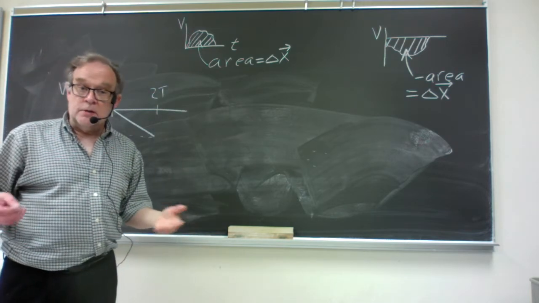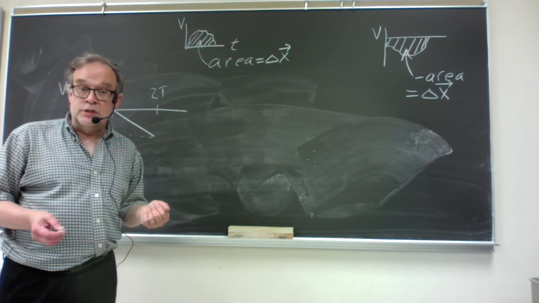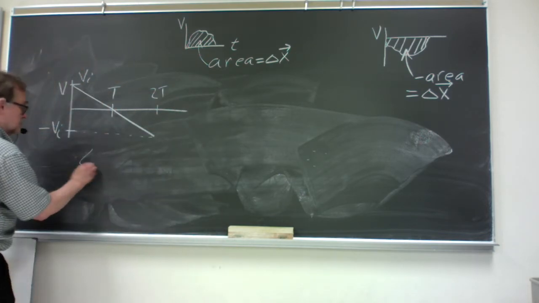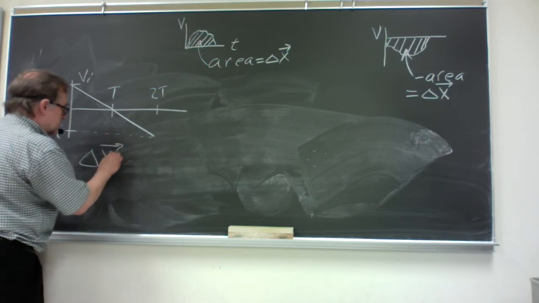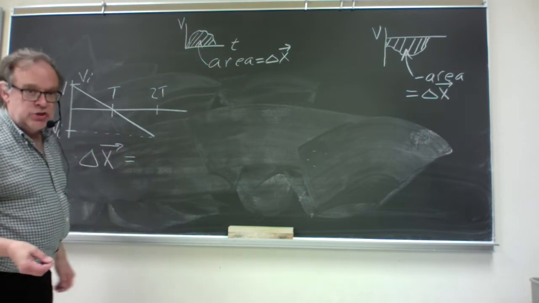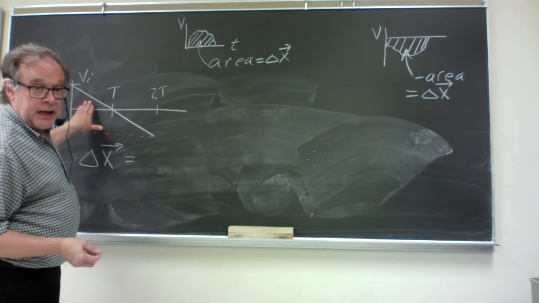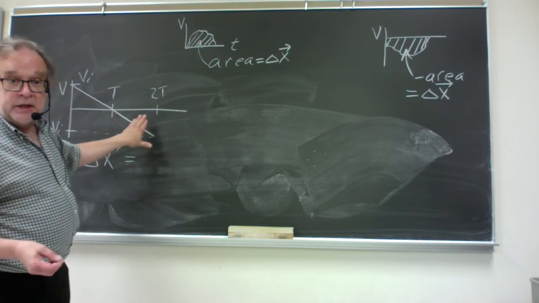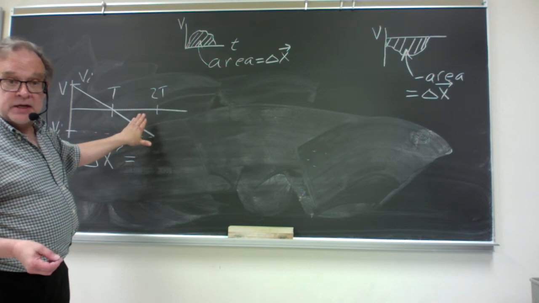So what's the displacement for this whole trip? Well, the total displacement is just the displacement that happened during the first t seconds plus the displacement that happened during the second t seconds.